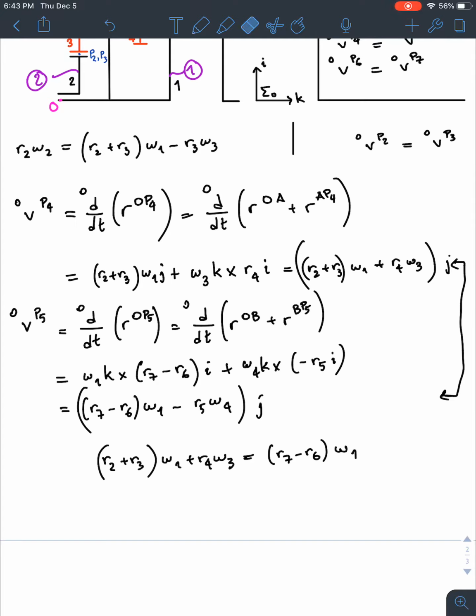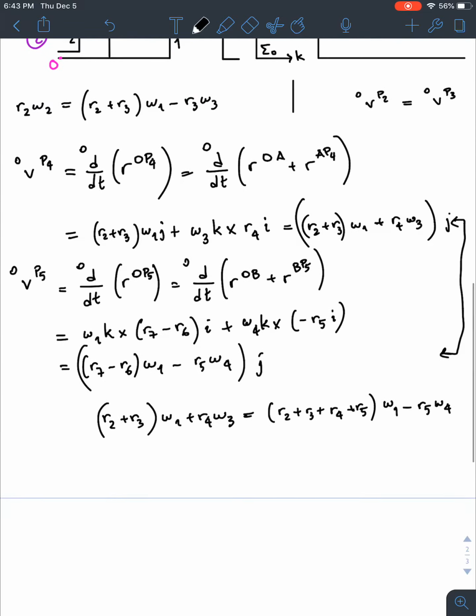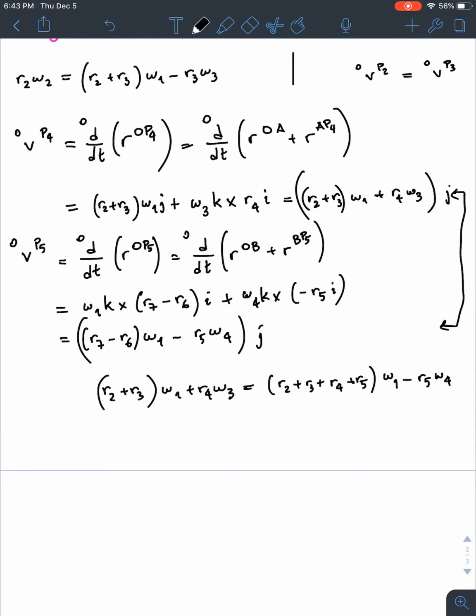Oh, by the way, let me write this as the alternative expression, which was R2 plus R3 plus R4 plus R5 times omega 1 minus R5 times omega 4. It's going to become clear why I wrote it this way, because there is an omega 1 term on both sides. So it's going to simplify when I write it this way, right?